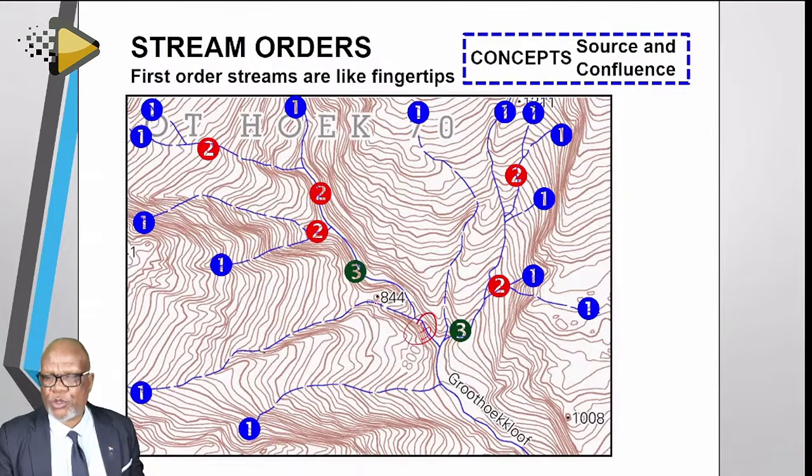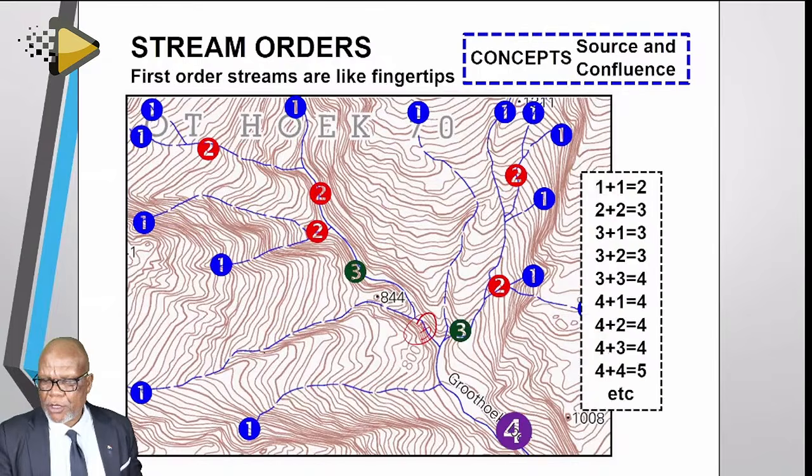The order is not going to change. Only if it's stream order 3 and stream order 3 that are joining, it will move to stream order 4. But if you have the highest order and the lowest order, the order remains at the highest point.